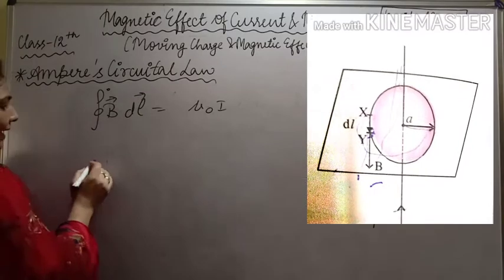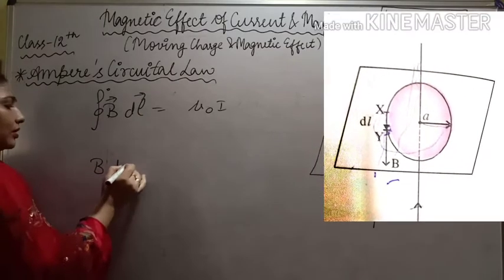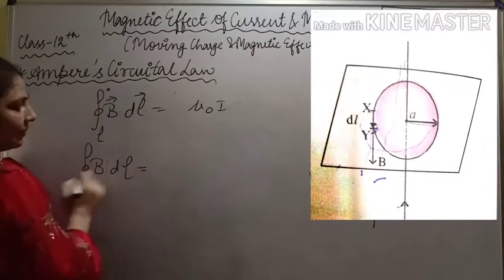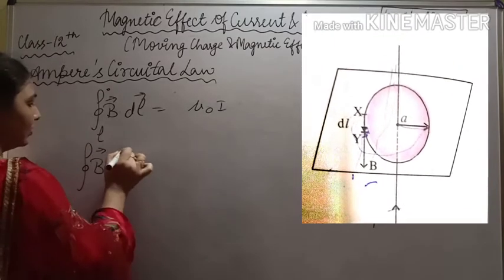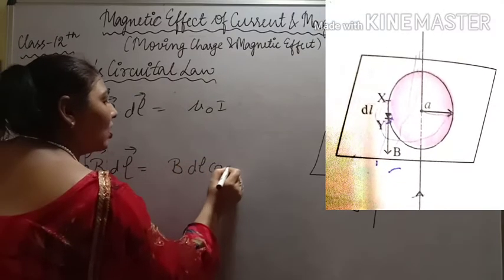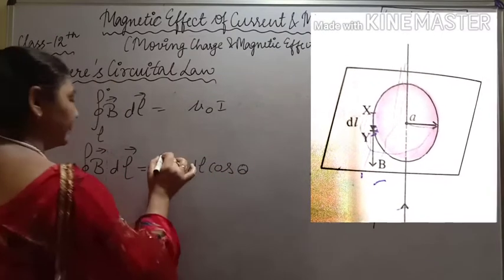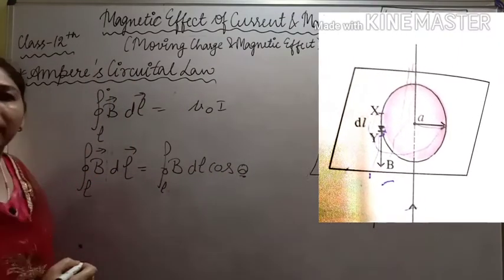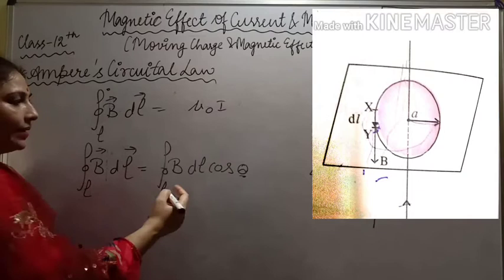According to this diagram, the line integral of B dot dl is given by the integral of B dl cos theta, and theta is equal to 0 because both are in the same direction.